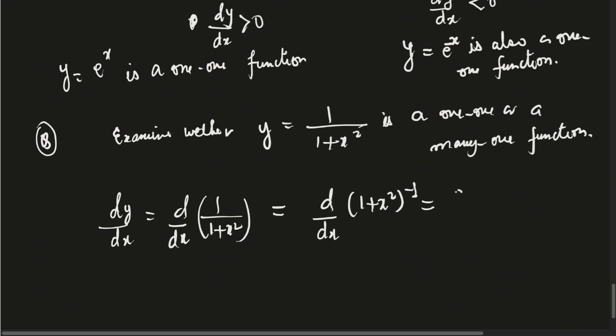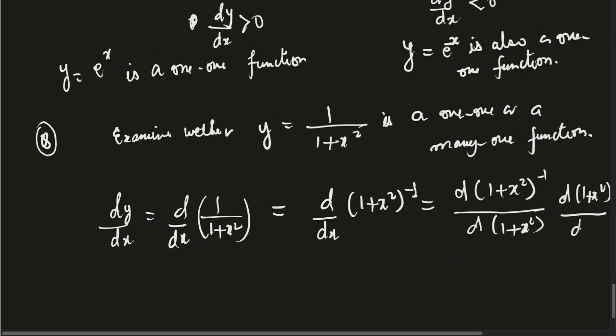I'm trying to get to the basics to show you all these things, but I hope by now you have some familiarity with differentiation, because this is one of the first topics taught when you get into class 11th, so that you can solve the physics questions. This is the chain rule. We'll first differentiate 1 plus x square to the power minus 1 with respect to 1 plus x square, and then we'll differentiate 1 plus x square with respect to x.